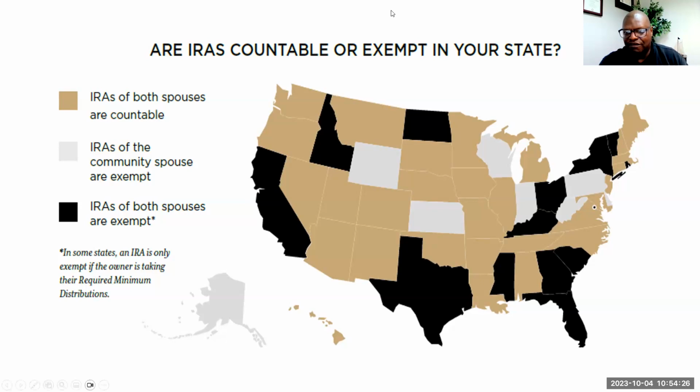But if you are familiar with the states, here's North Carolina, IRAs of both spouses are countable. So if Carol went in Georgia, Carol has no IRA to even be concerned about. But if they lived in North Carolina, Mike's $700,000 IRA would be countable and have to be used for her care and would have to be spent down.